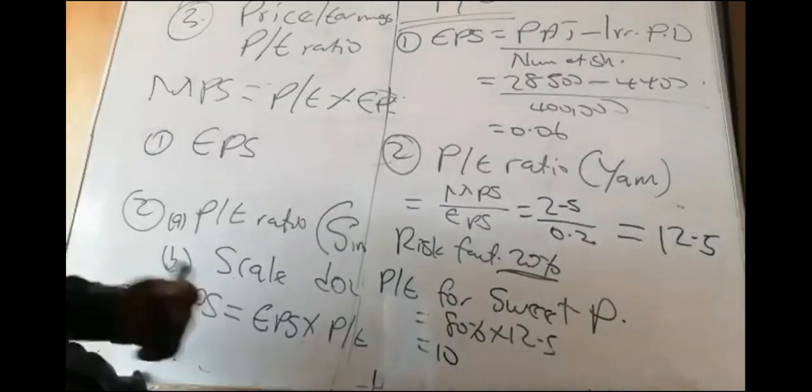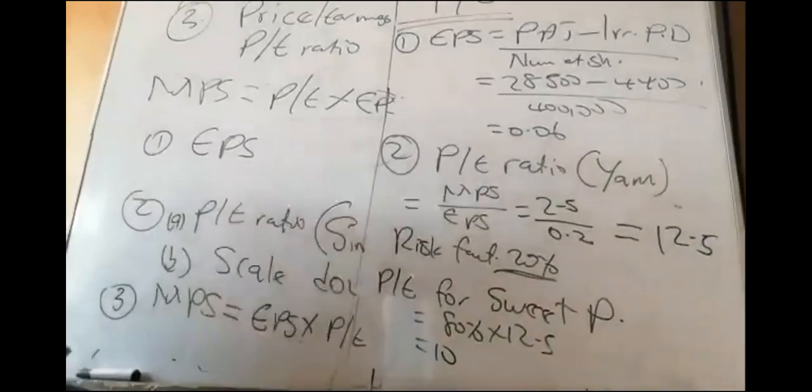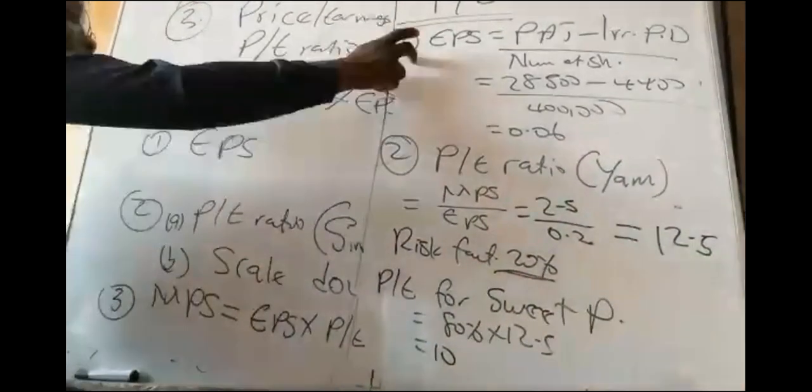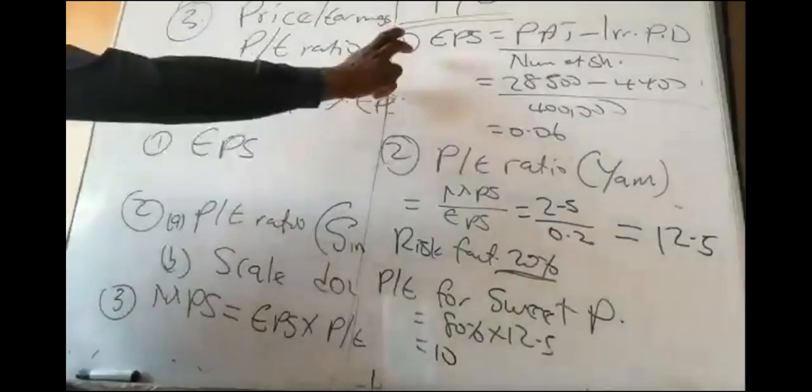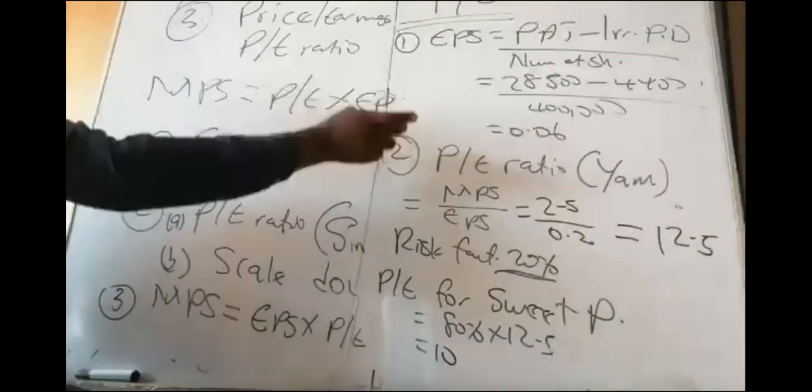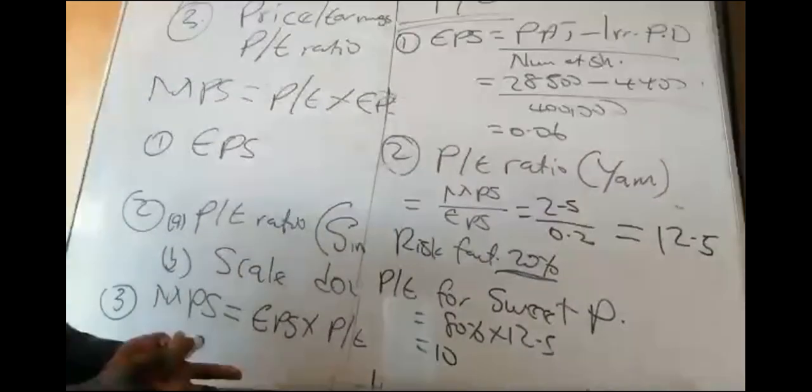So we can now go to step 3. Step 1, step 2, step 3. Step 3 is just the two answers: the final answer of step 1 times the final answer of step 2. That is all.